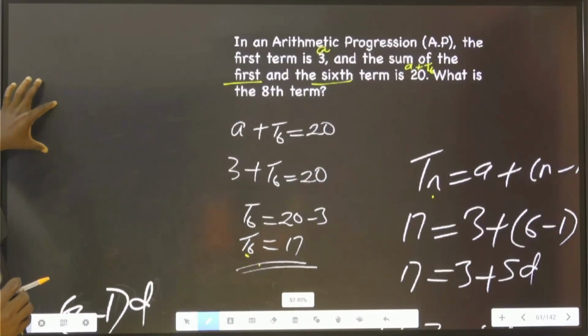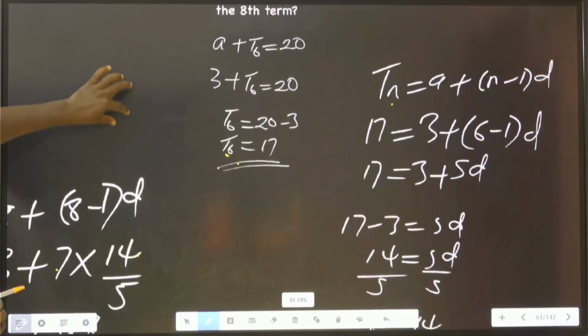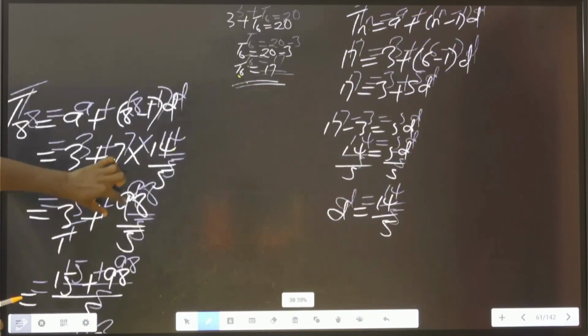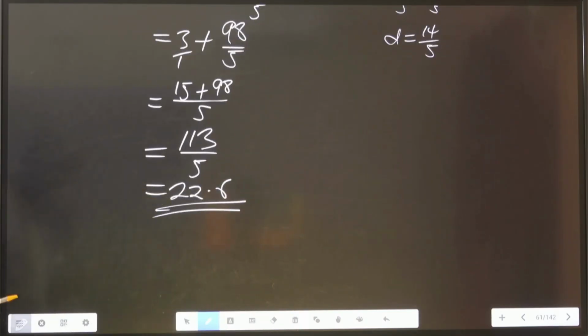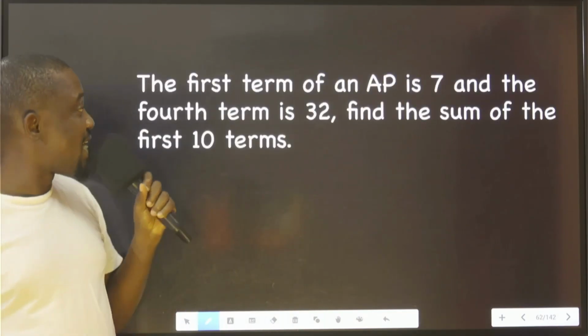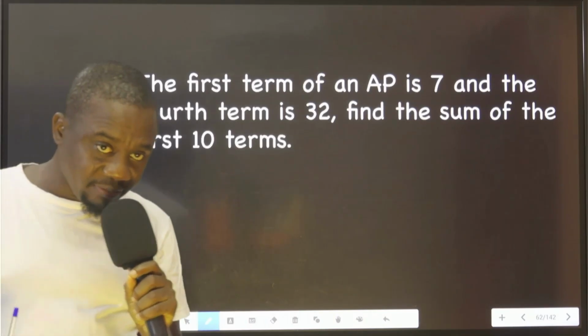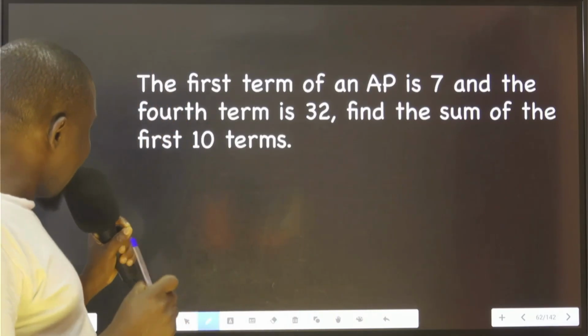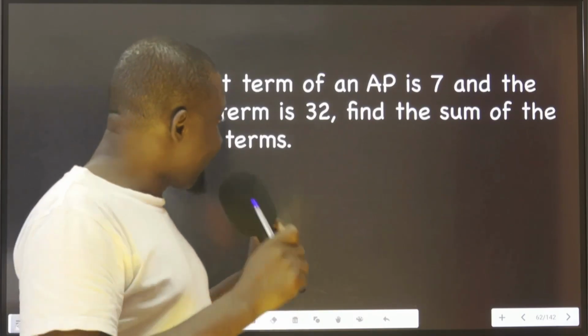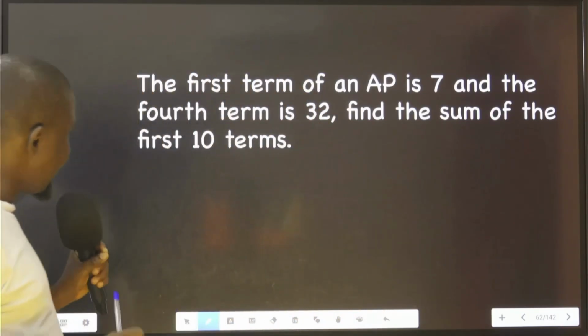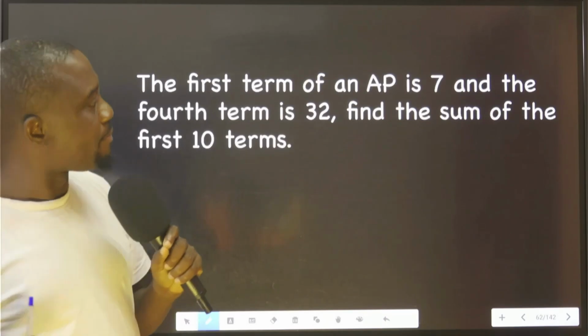From here, we got this, finally, we arrive here. Let's look at this. It says the first term of an AP is 7, and the fourth term is 32. Find the sum of the first 10 terms.